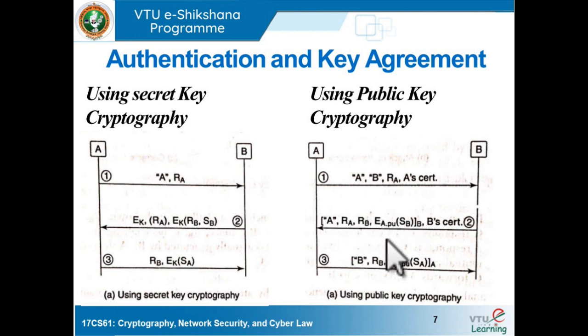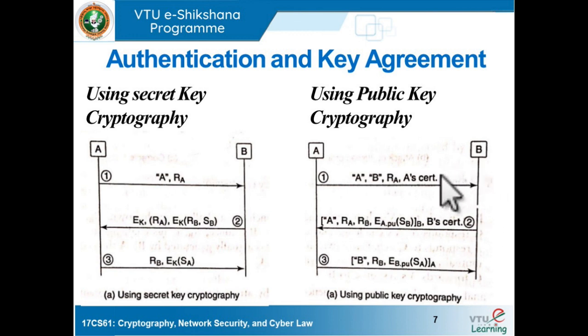Now after performing decryption, it is getting the content of SB. Now A will choose session key SA and then encrypt it using B's public key and include the challenge it received from B, that is RB, and also say that this message is intended for B, and this entire information is signed using the private key of A.